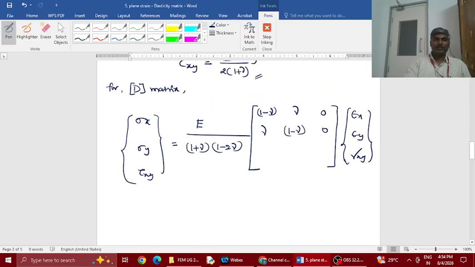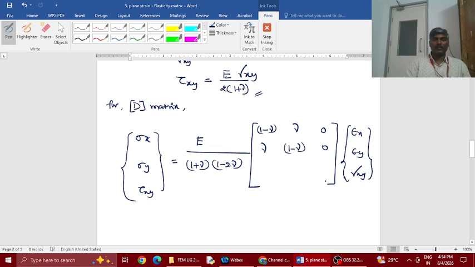Now the shear stress to write in this matrix form, you need this common term where the denominator 1 minus 2 nu is absent. So I'll introduce that, like 2 into, so 1 minus 2 nu is not there, I'll introduce it. So I have to introduce the numerator also, so gamma xy. So now the common term goes like this. No normal strain components, 0 into epsilon x, 0 into epsilon y.